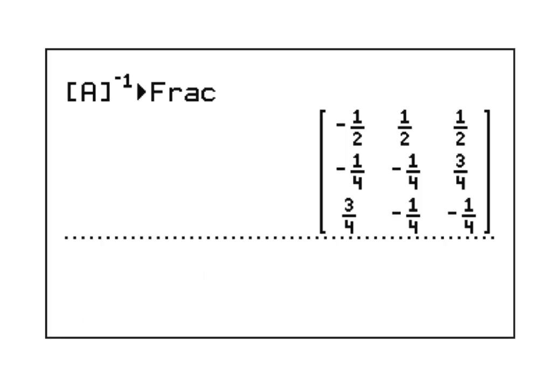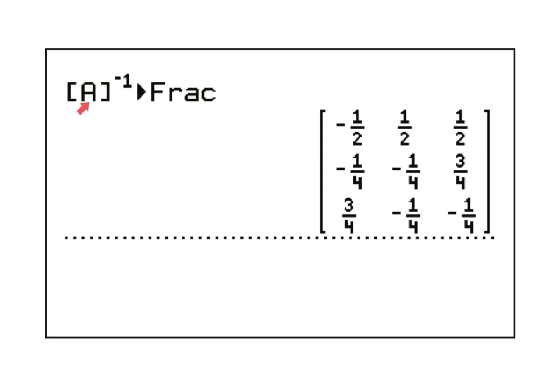Same process as before. You would go into your matrix menu and enter your 3 by 3 matrix there. Then from your main screen, you would pull in that matrix by going into your matrix menu and choosing the matrix you have loaded.